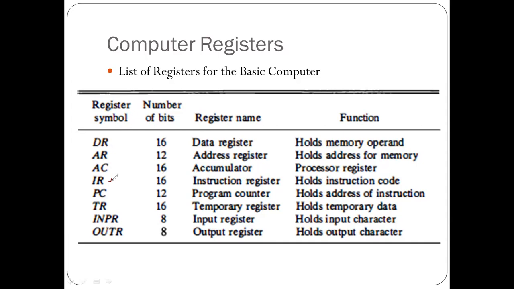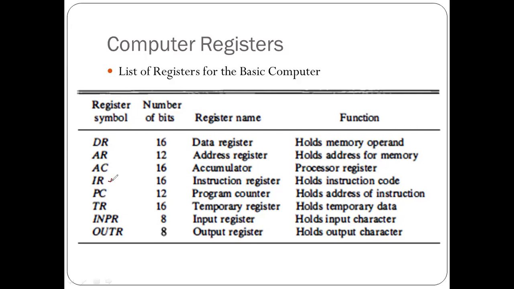So after decoding, based on the type of instruction, we have talked so far only about memory reference instructions, right? If my instruction has only operations like clearing the accumulator contents or complementing the accumulator contents, in that case I need to perform the operation only on the register.